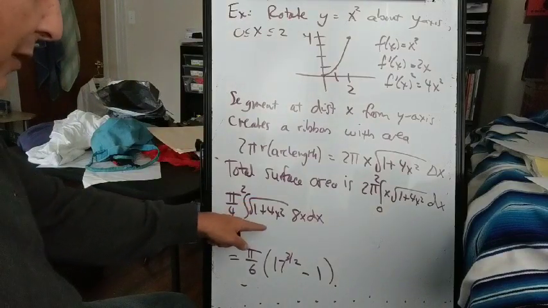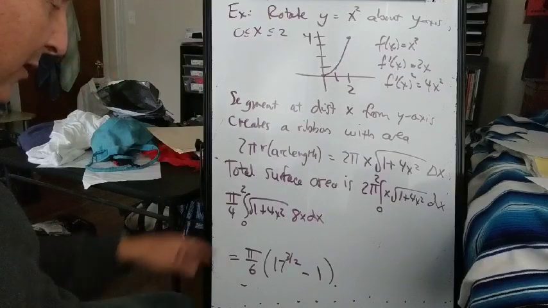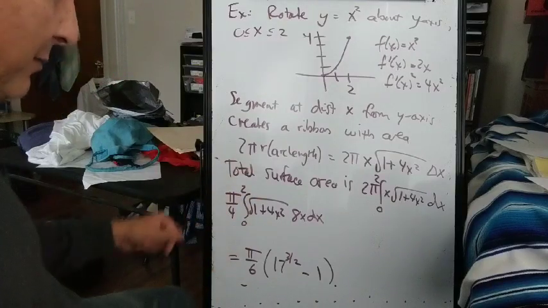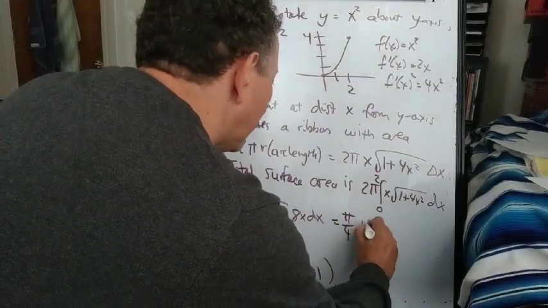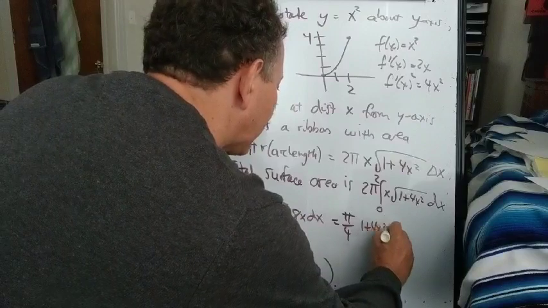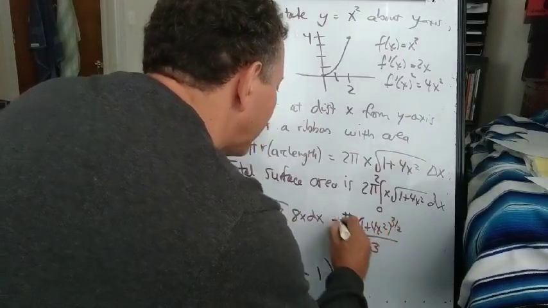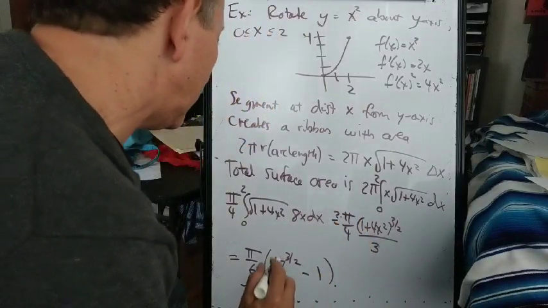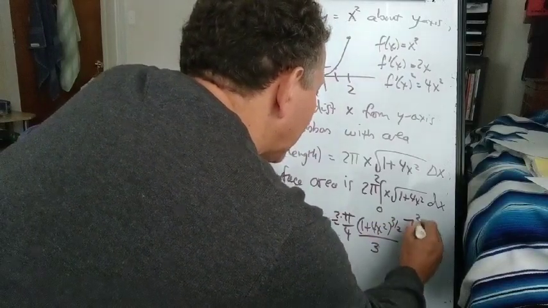So this is 1 plus 4x squared to the 1/2 times the derivative of 1 plus 4x squared. So we integrate that and we get 1 plus 4x squared to the 3/2 divided by 3/2. Pi over 4, 1 plus 4x squared to the 3/2 divided by 3/2, and we evaluate this from 0 to 2.